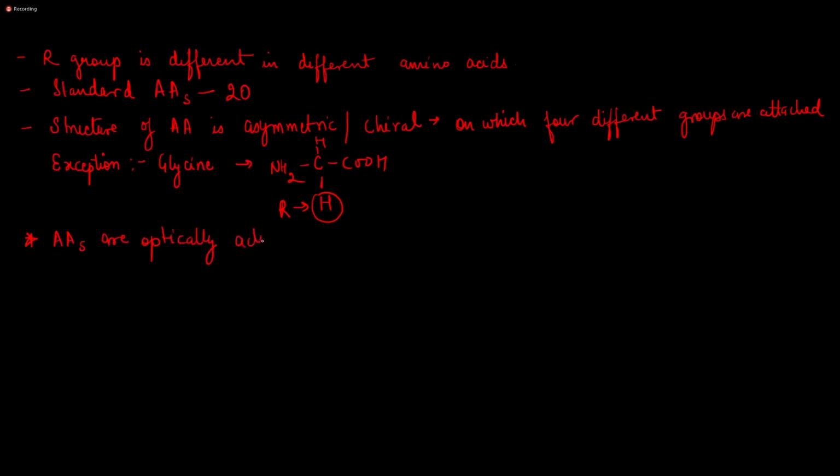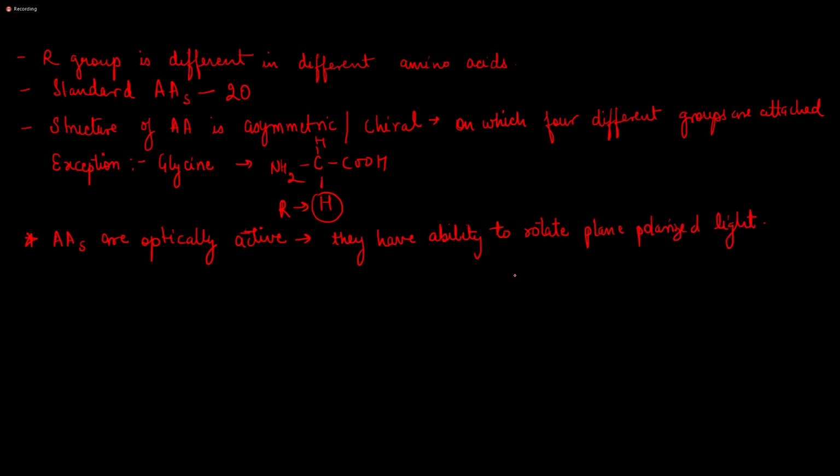What does it mean that amino acids are optically active? It means that they have the ability to rotate plane polarized light.